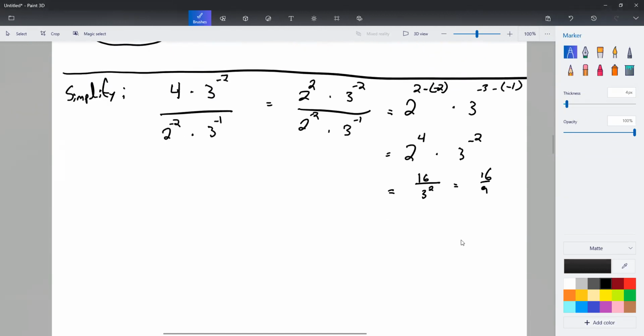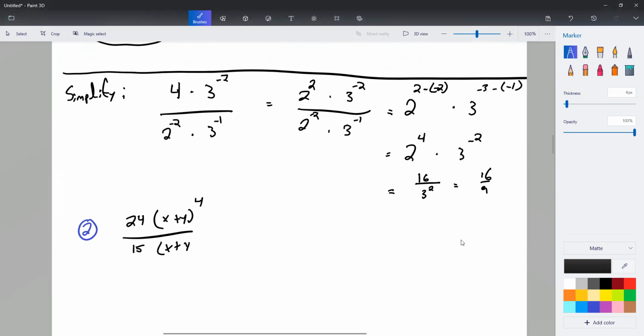Anything else? I've got another simplification problem for us then. So again, more simplification. I say that so lightheartedly, but this one's a bit tricky. We get 24 times x plus y to the 4th, all over 15 times x plus y, and this is also similar to the written assignment.